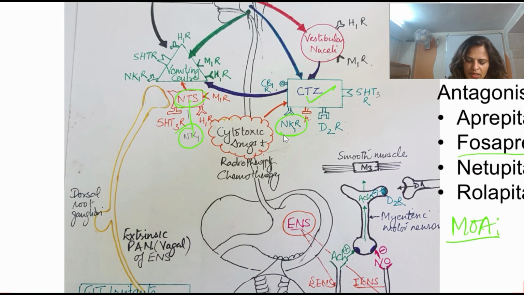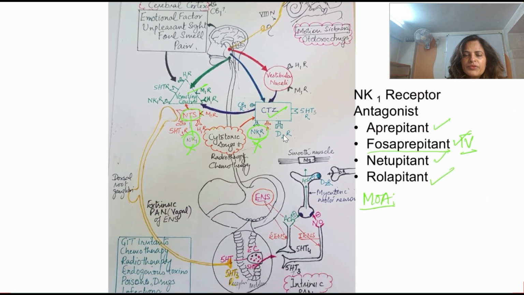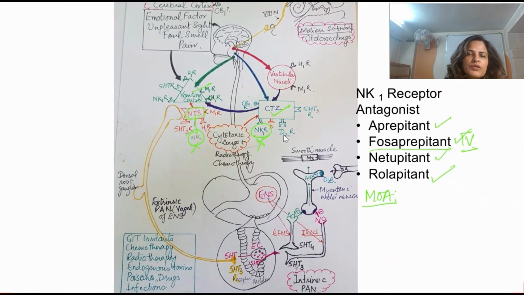These two ultimately stimulate the vomiting center, and vomiting is induced. This group of drugs blocks these neurokinin or tachykinin receptors, and by that they reduce the vomiting produced because of the release of substance P due to emetogenic chemotherapy.